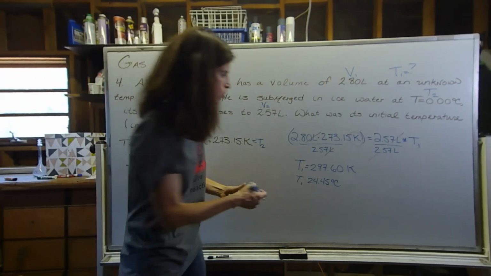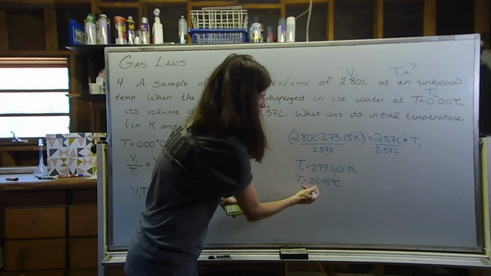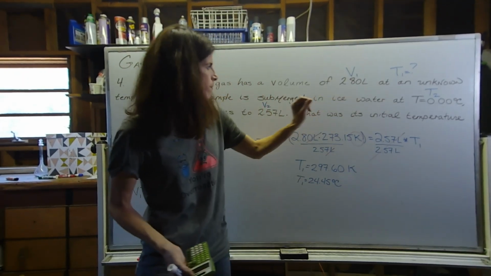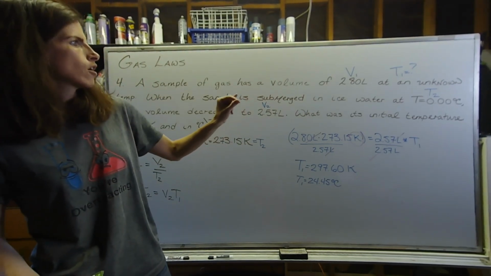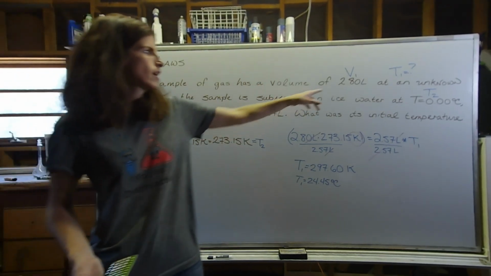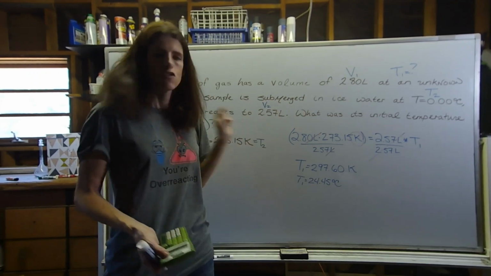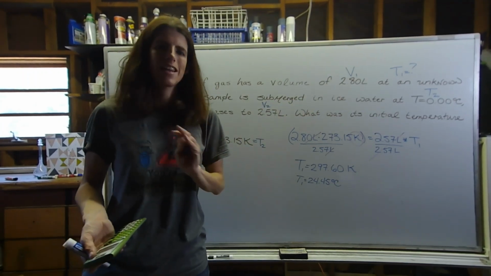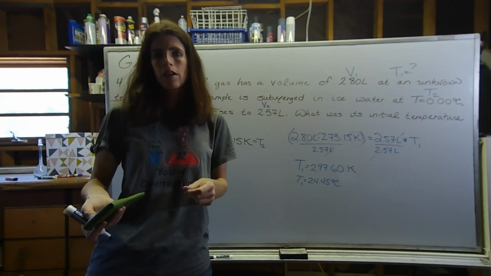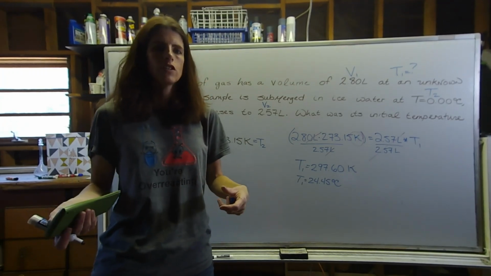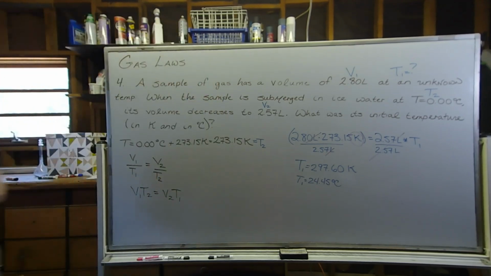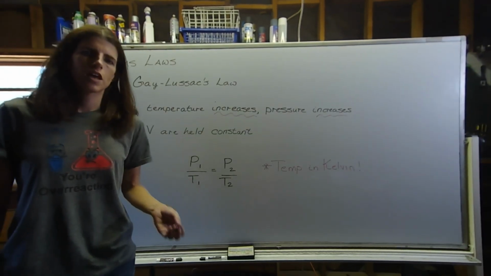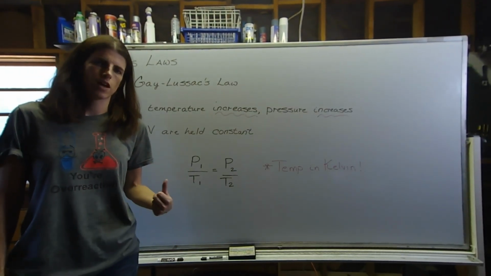Yes, temperature started at 24.45, dropped to 0, and then we also saw that our volumes dropped. Yeah, started at 2.80 and dropped to 2.57 liters. Again, highly encourage you to always check that the simple gas law relationships are working out after you do your algebra. The next simple gas law that we have to go over is called Gay-Lussac's law.